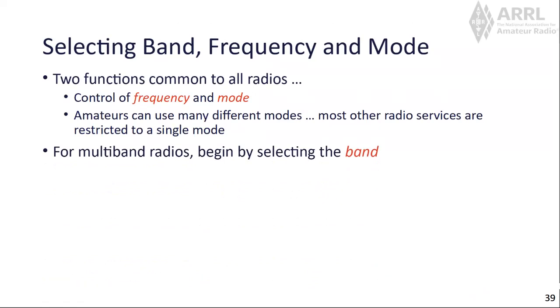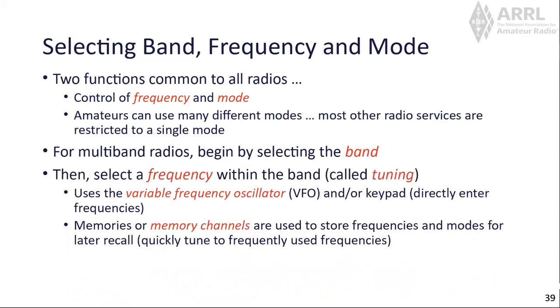And if you own the FM station, you can't do AM, not on that station. For multiband radios, begin by selecting the band. Then you select a frequency within the band, and that's called tuning. That's turning the big knob in the middle or on the right, usually.